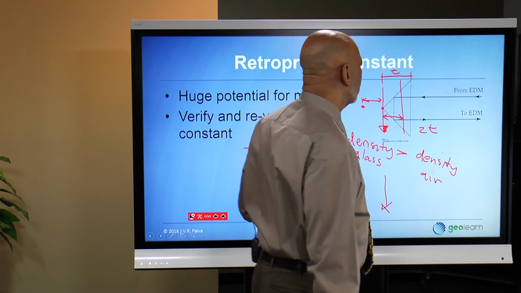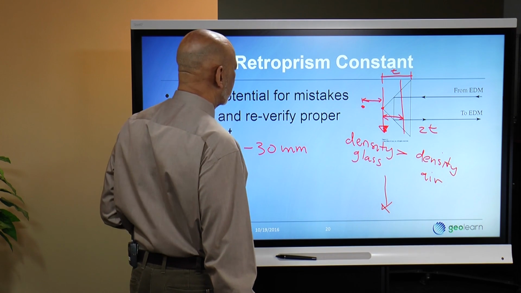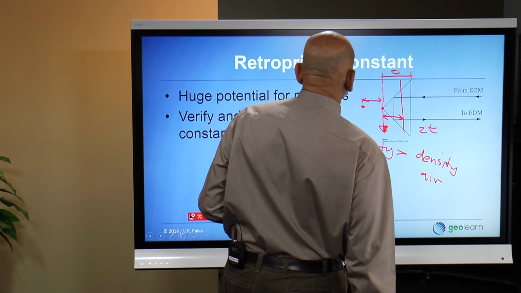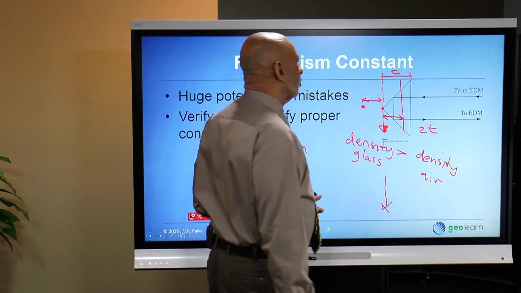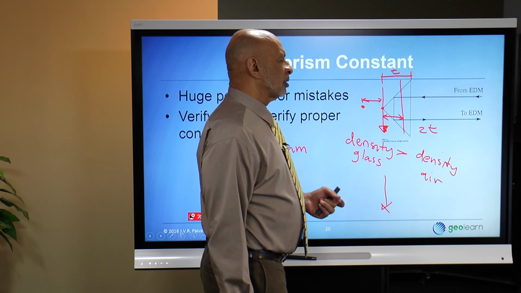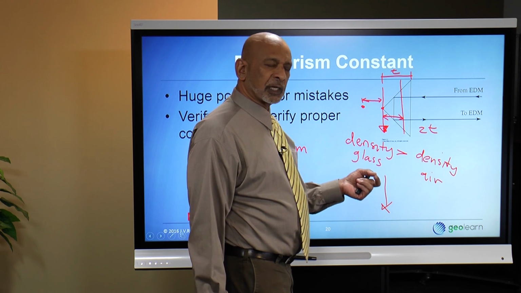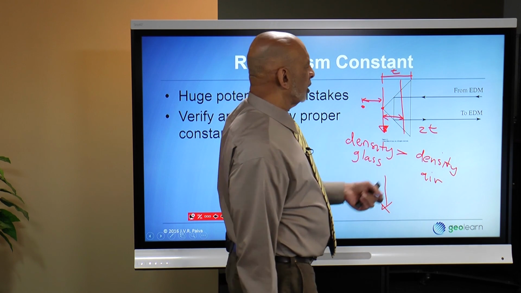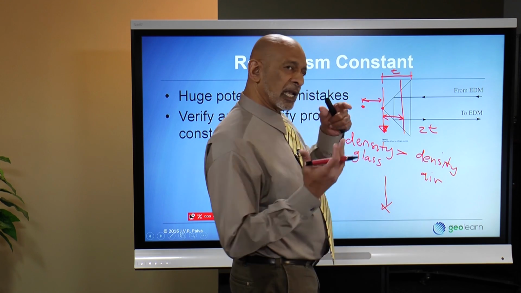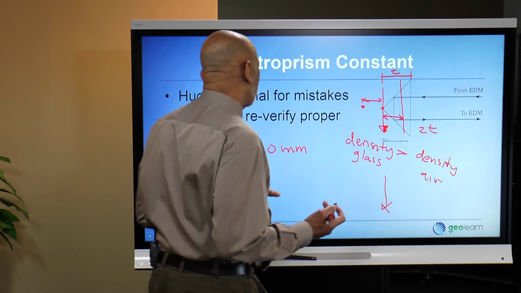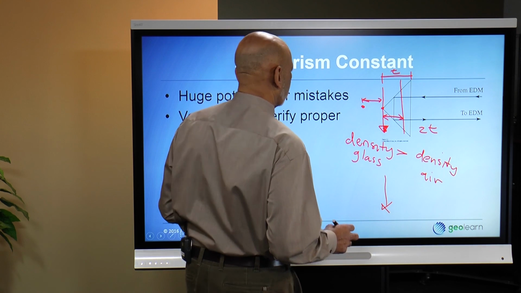Now it turns out 30 millimeters doesn't quite compensate. And so that's why we have electronic distance meters with different offsets. Sometimes it's based on the design of the prism or the design of what holds the prism. And we even have zero offset prisms.